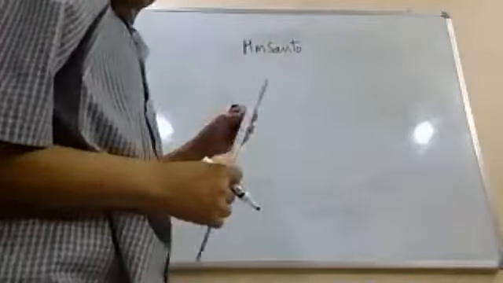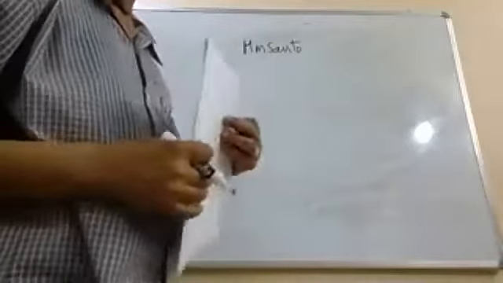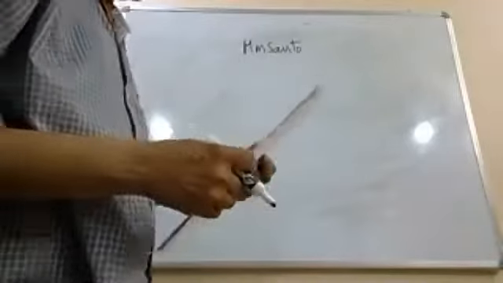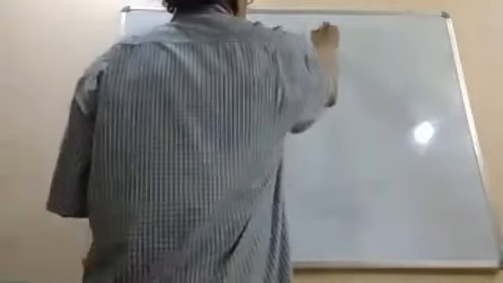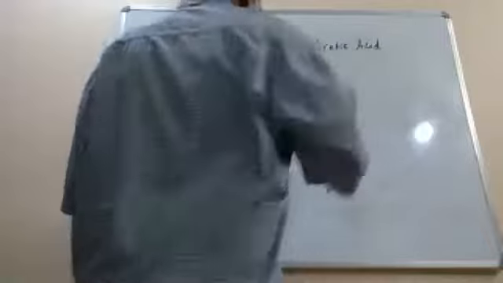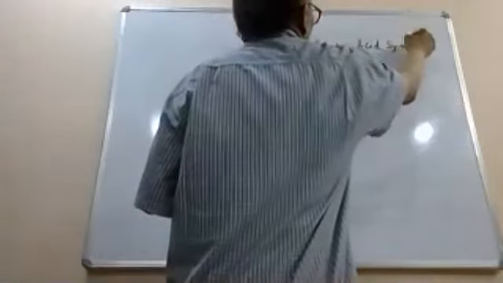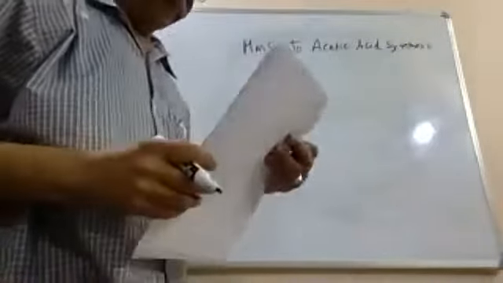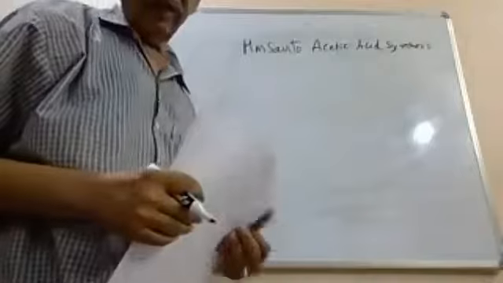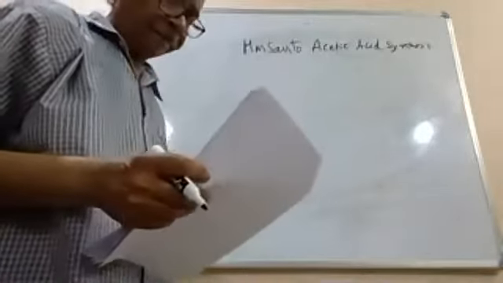Monsanto, as you all know, is a multi-billion-dollar company. All that initial money they made by making acetic acid. Monsanto's acetic acid synthesis. Acetic acid, as you all know, vinegar, is a very commercially important chemical.